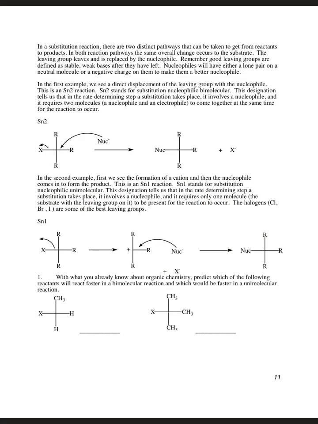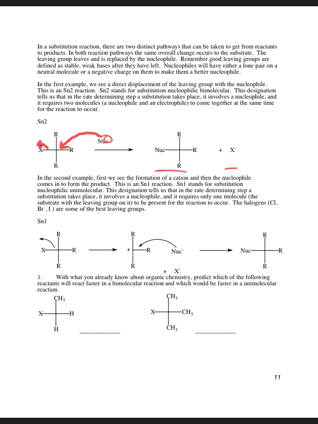So there are two basic mechanisms that we could think about something occurring. We could have the direct displacement, where the nucleophile comes in and attacks the carbon, kicking off the leaving group, giving us our substitution product along with the leaving group as an X minus, because the electrons went with it.